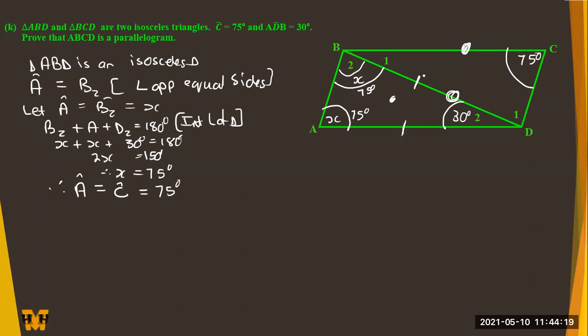But that's not enough, right? Because we need to have 2 pairs of opposite angles equal. So we've got that one. Now let's work with the other one. BCD is, so it's our same thing, an isosceles triangle.